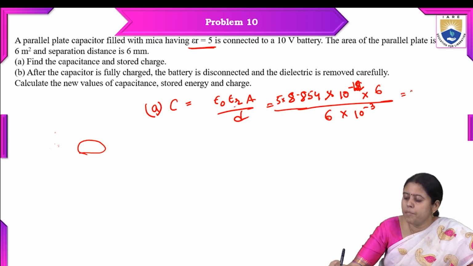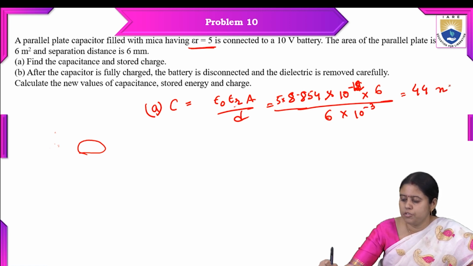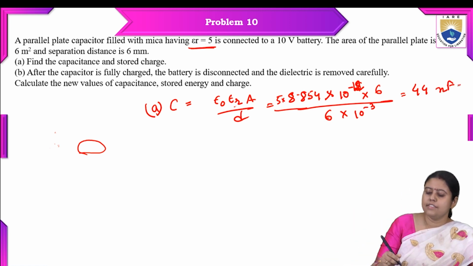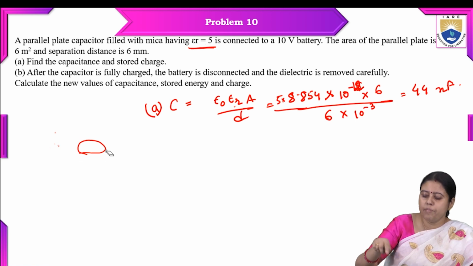So if we solve it, we are getting almost 44 nanofarad. This is the first part of the problem.